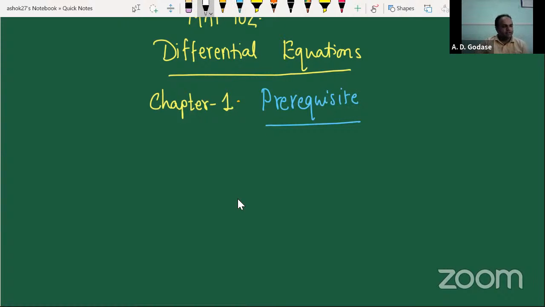First we'll see the definition of differential equation. What is a differential equation? The title of this course is differential equations, so naturally, first we will define what a differential equation is.